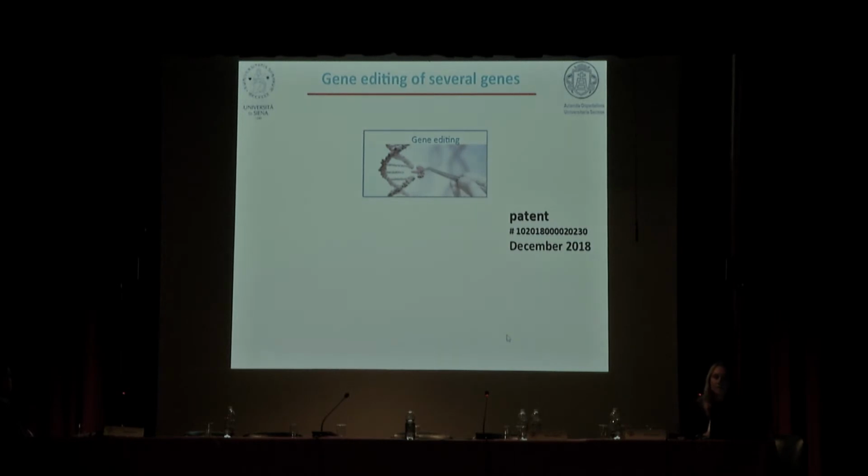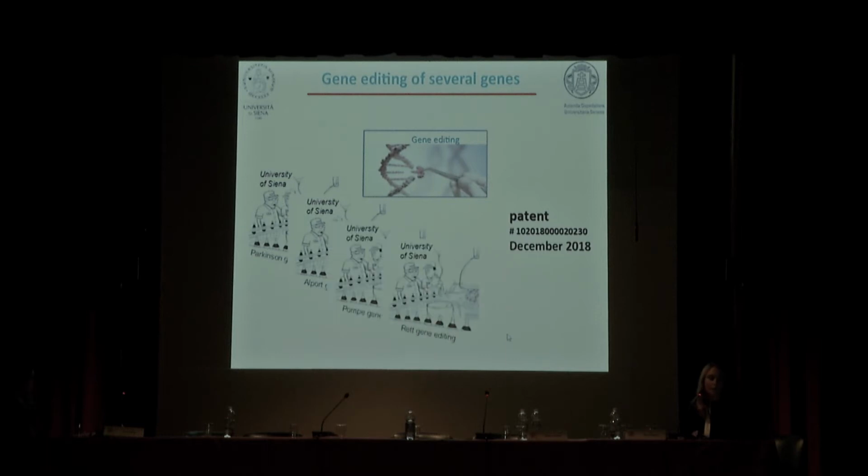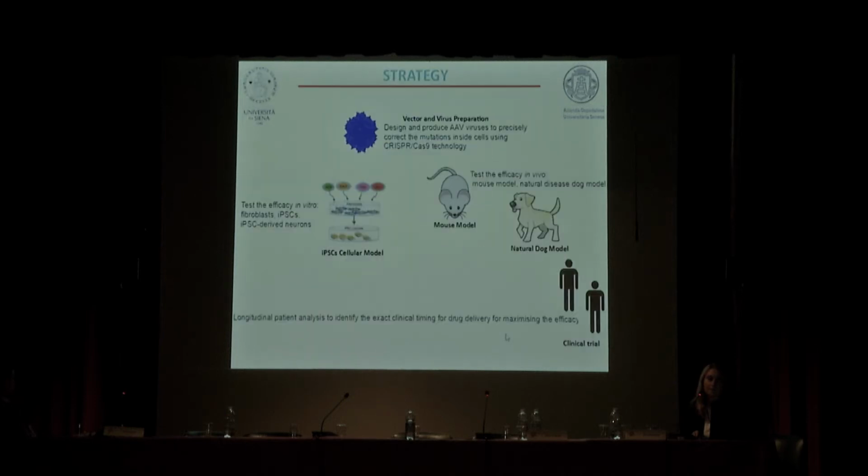At Medical Genetics in Siena, we are performing gene editing in several diseases for different genes: Parkinson, Alport syndrome, POMP, and Rett syndrome, and our approach was patented last year. The strategy is based on the design of a vector and the production of adeno-associated viruses that precisely correct the mutation inside the cell and in the right tissue.